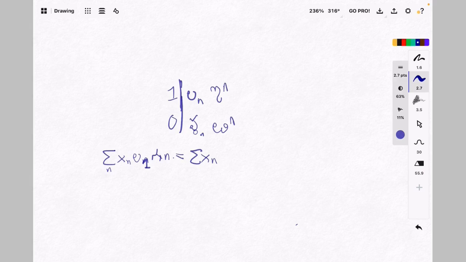Oh wait, no, that's 0, I'm sorry. For this, yeah, that's 0. Equals sum xn. And then we get the bytel, which just goes to 0.